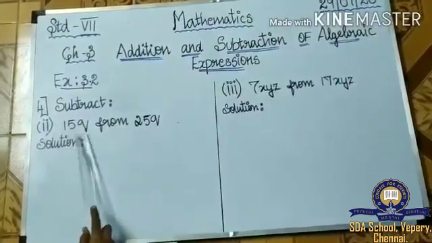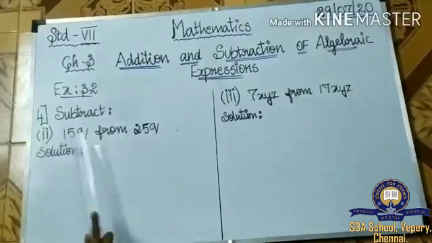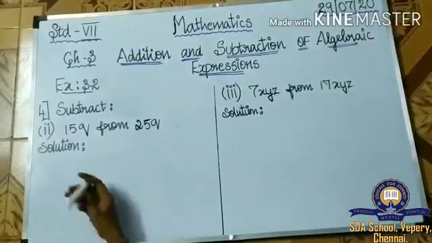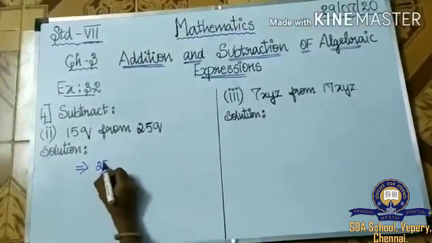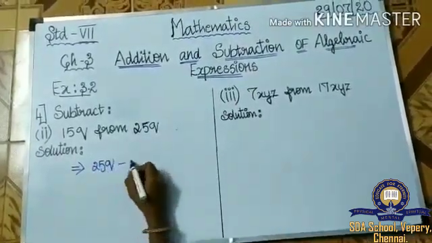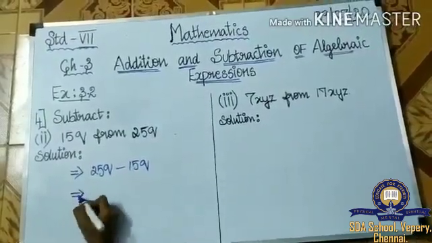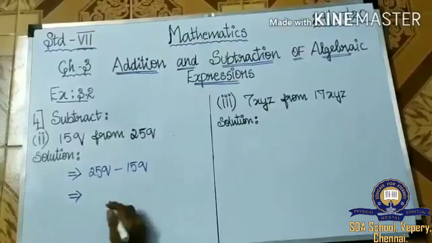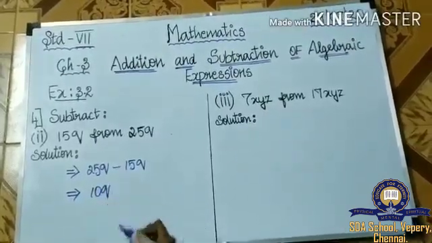Here 15q from 25q means 25q minus 15q. So you write 25q minus 15q equal to 25 minus 15 is 10, so 10q, with q as it is.